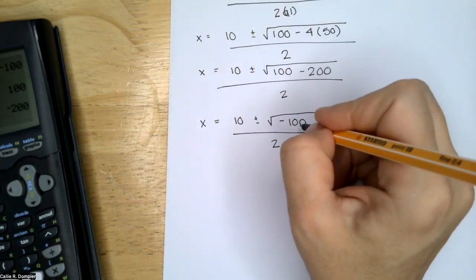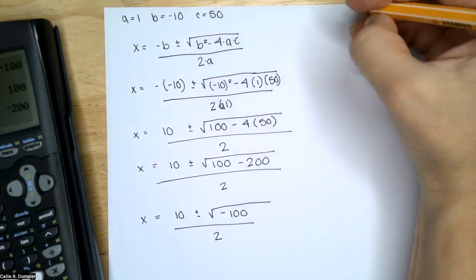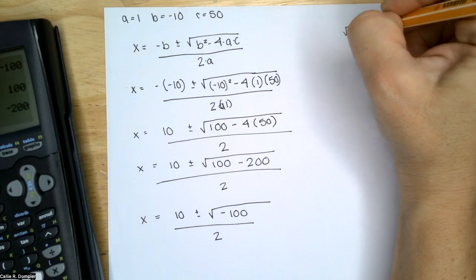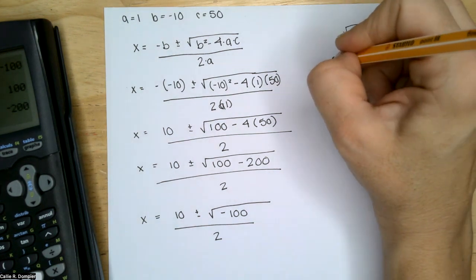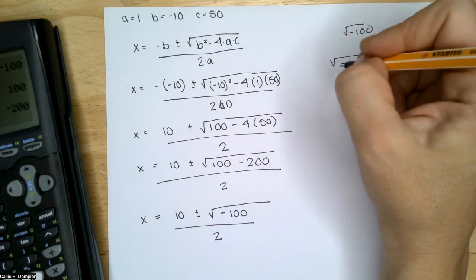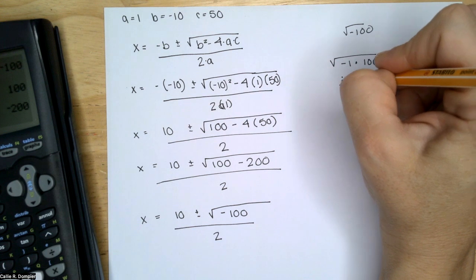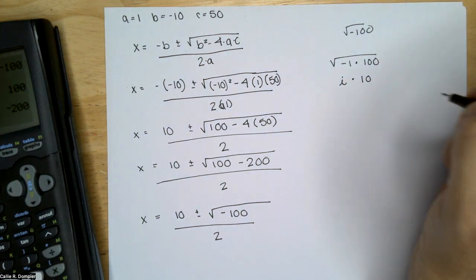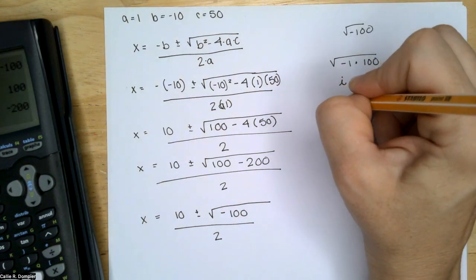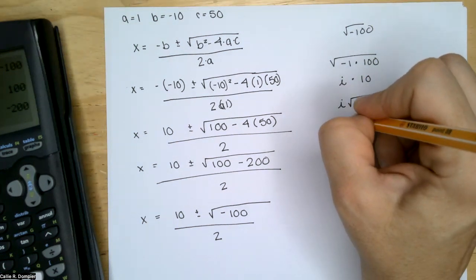So when we solve the square root of negative 100 using imaginary numbers, the square root of negative 100 is the same as the square root of negative 1 times 100, right? The square root of negative 1 is I, and the square root of 100 is 10. We know that the square root of 100 is 10, so it's 10I.